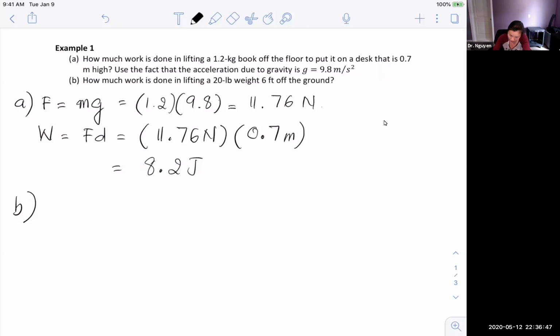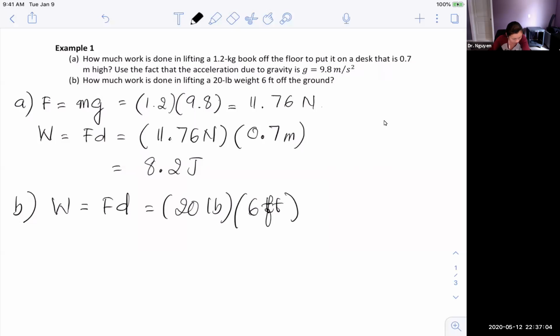So I can just use the formula right away, which is 20 pounds times 6 feet, which is 120 foot-pounds.